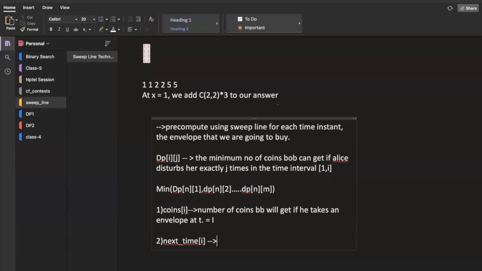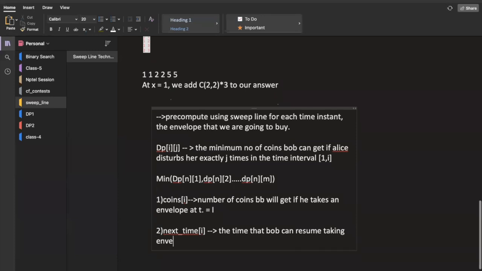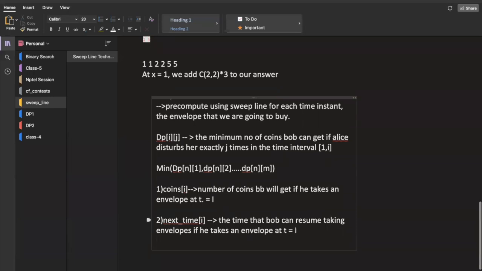It will be the time that Bob can resume taking envelopes if he takes an envelope at t equals I. So now the transitions are very easy.